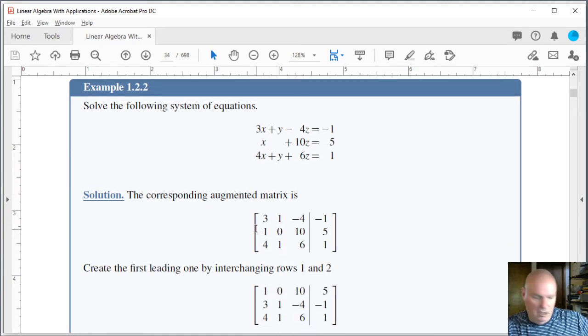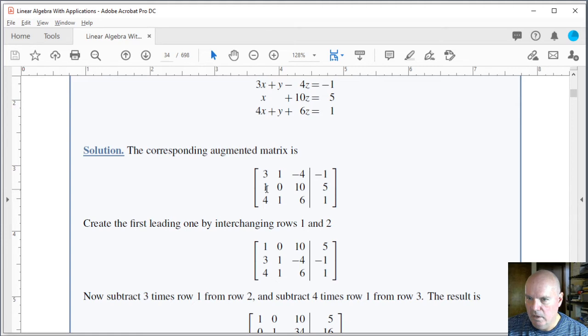So let's actually look at this example. I want to talk about this in a little bit more detail. So we've got three equations and three unknowns, x, y, and z. And the corresponding augmented matrix is this form. So in the process, the first thing we want to do, of course, is get a 1 in that first position in the first row.